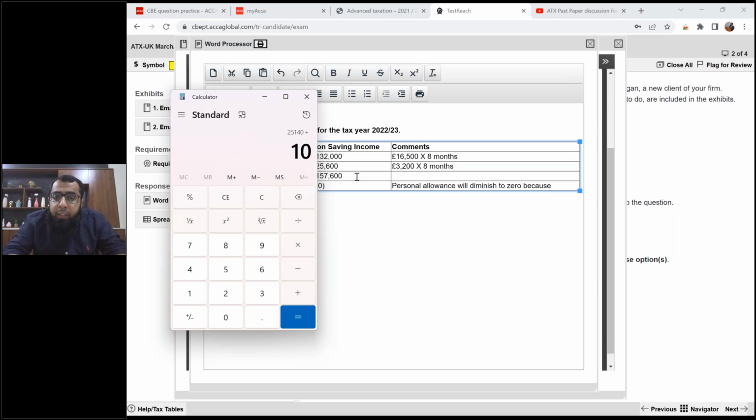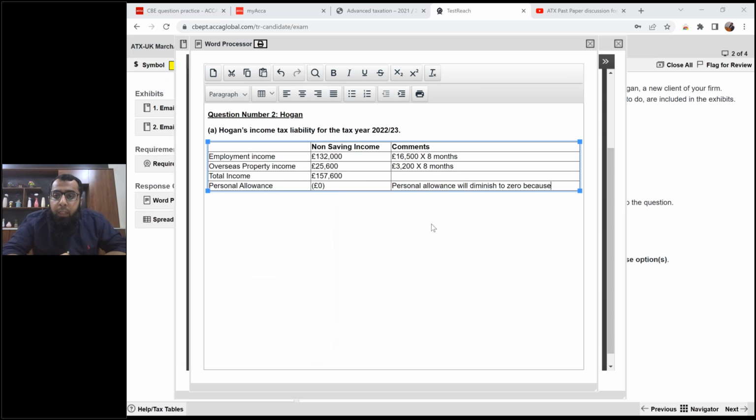Okay, the limit is 100,000. I will repeat it again. Normally the students know this rule, but if someone does not remember, let me make it very clear. The limit is 100,000. If the income exceeds 100,000, the personal allowance starts to diminish. It diminishes by £1 for every £2 excess. Your personal allowance is 12570, so it will diminish to 0 when your excess is 25,140.